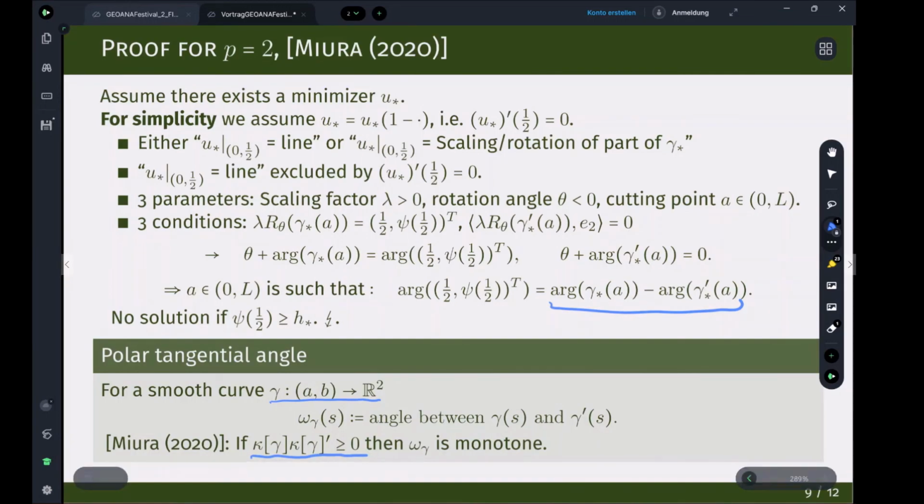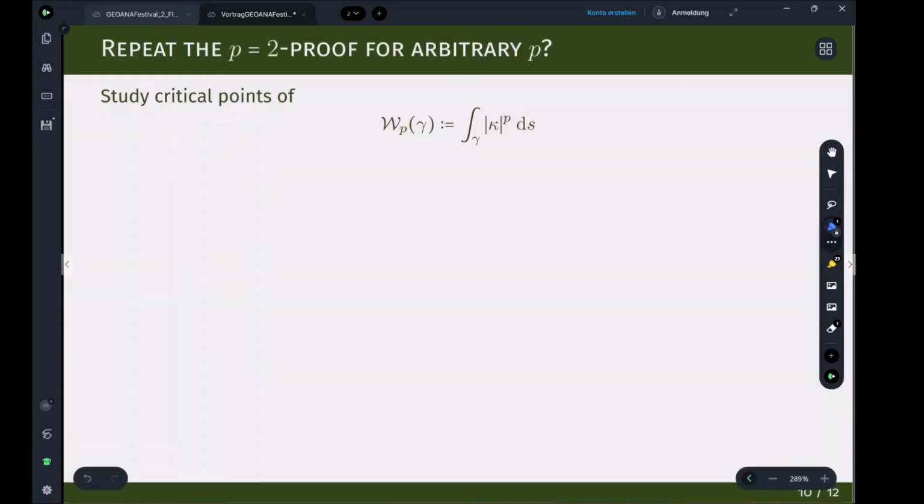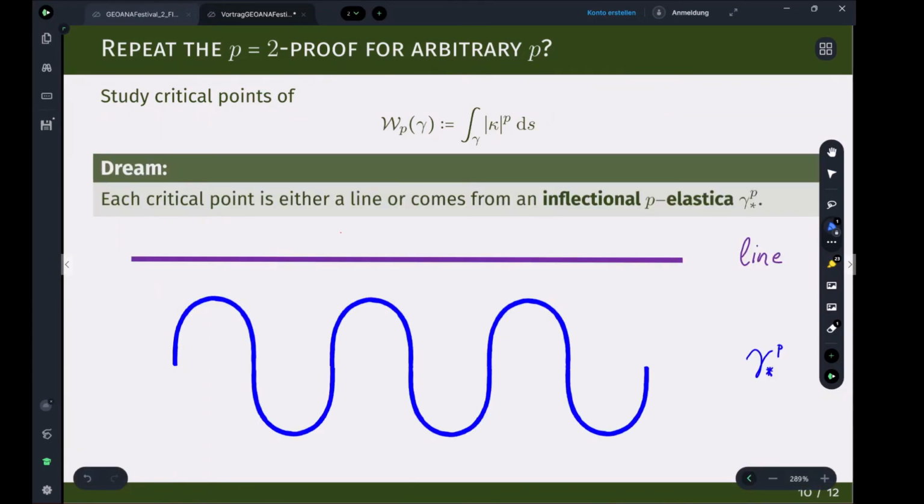We can therefore exactly say when this equation does not have a solution, and this is why this result is sharp. And now we can try to repeat this technique for the case of p between 1 and infinity. So for p between 1 and infinity, we have this energy to consider. And what we dream again is that each critical point is either given by a line or some inflectional p-elastica.